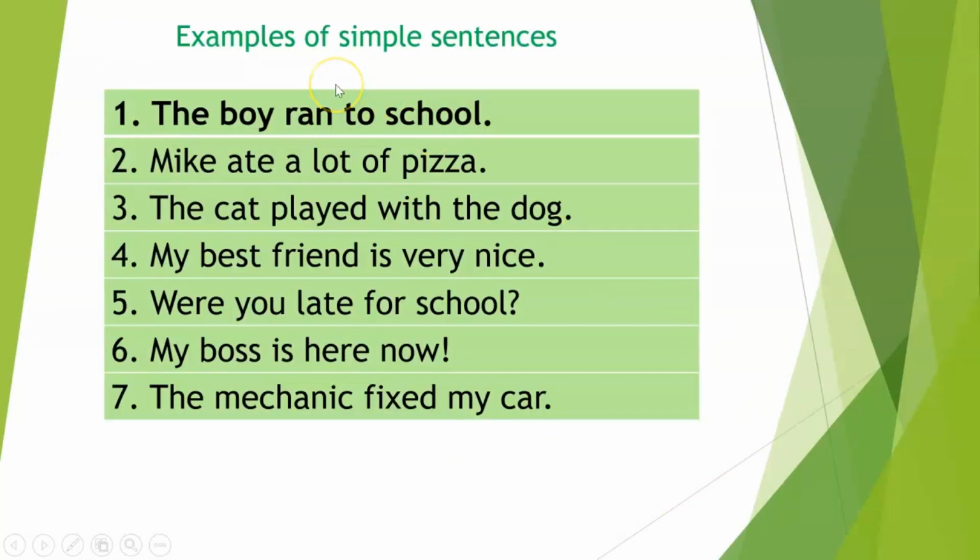Now here are 7 examples of simple sentences. So let's read through each of these slowly. The boy ran to school. Mike ate a lot of pizza. The cat played with the dog.